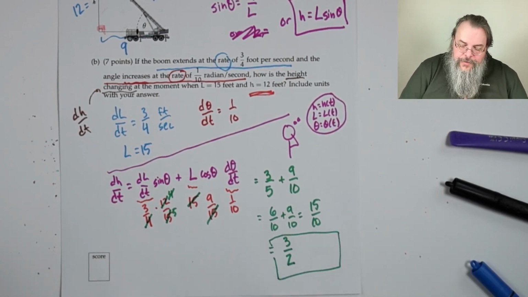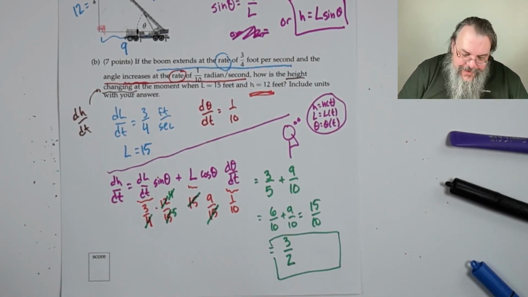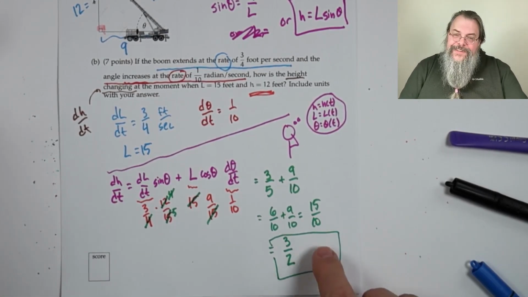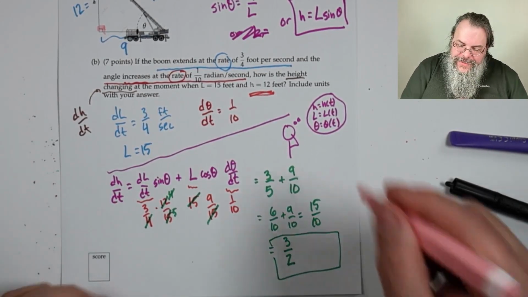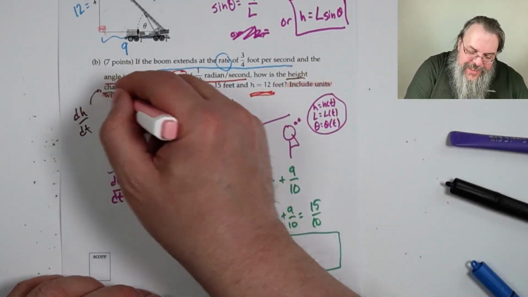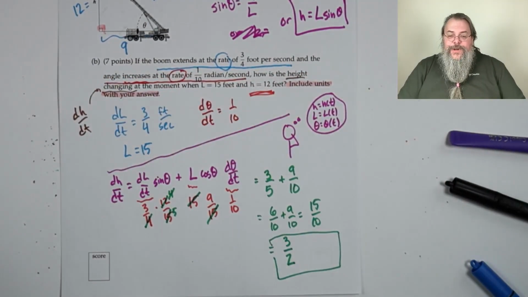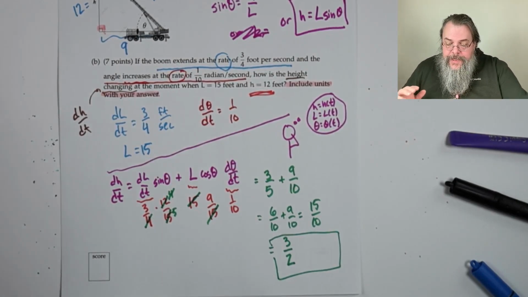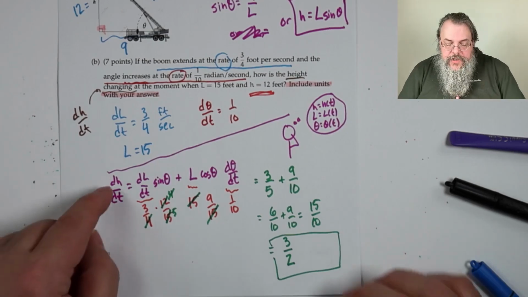We worked hard for this answer, and we're not done yet, because there's a suspicious box here. Remember to follow instructions: include units with your answer. We must include the units. What are the units? Just think about what we're measuring in.